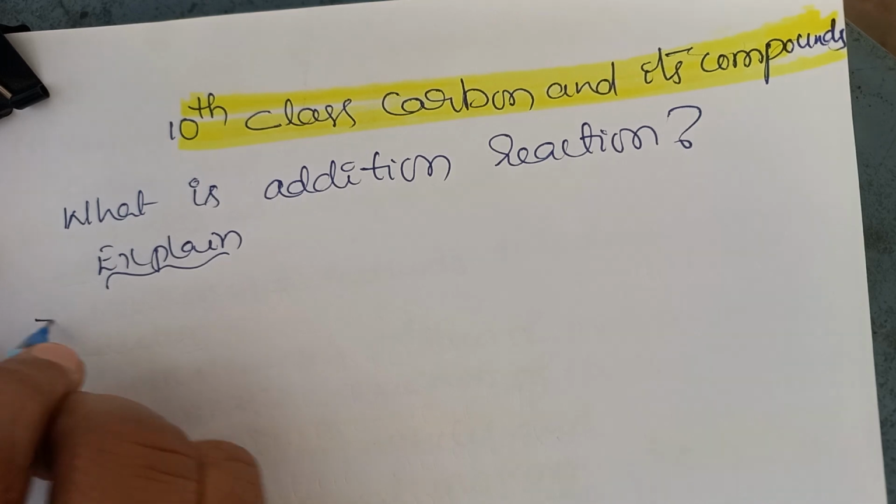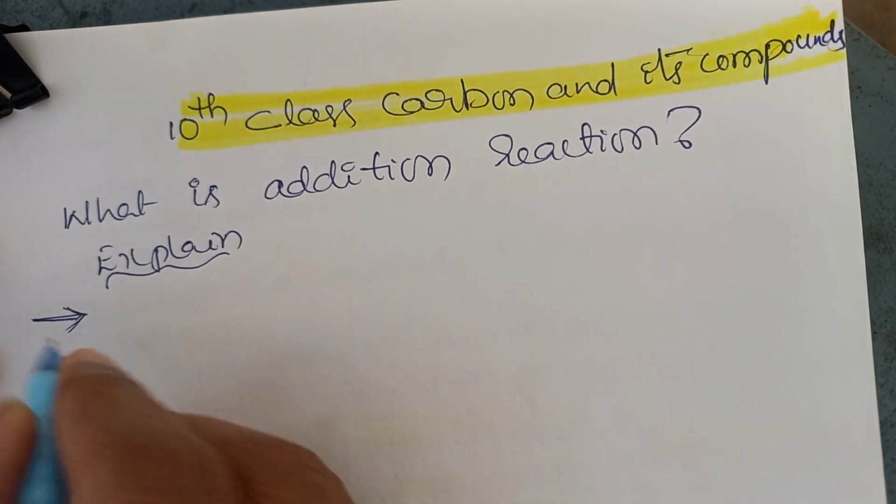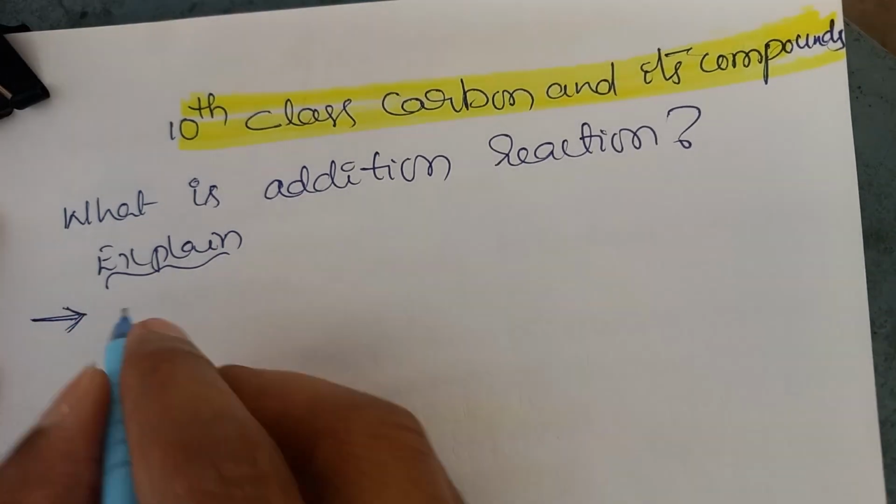So you know alkenes and alkynes participate in addition reactions to become alkanes, that is, unsaturated hydrocarbons participate in addition reactions.